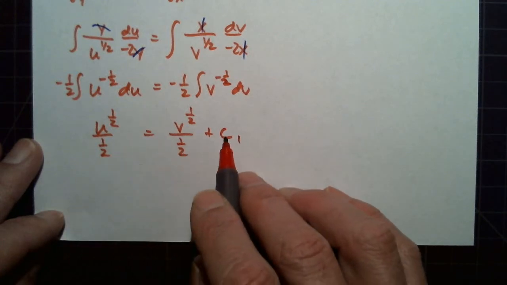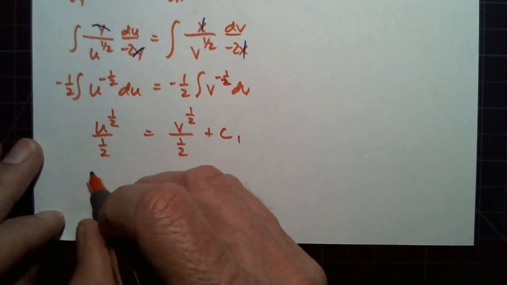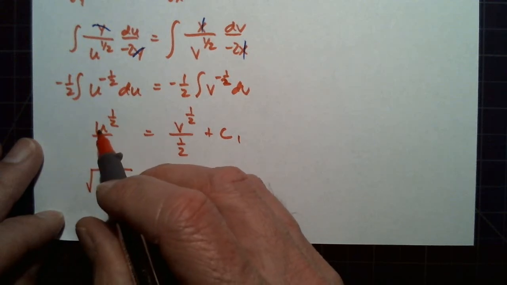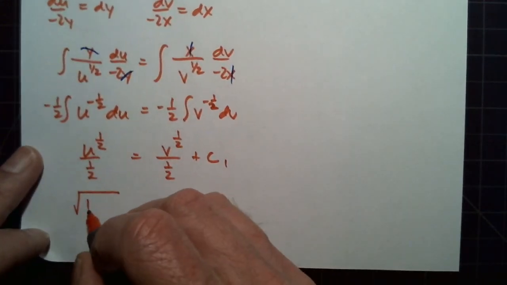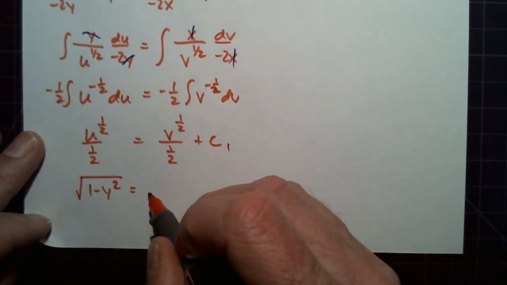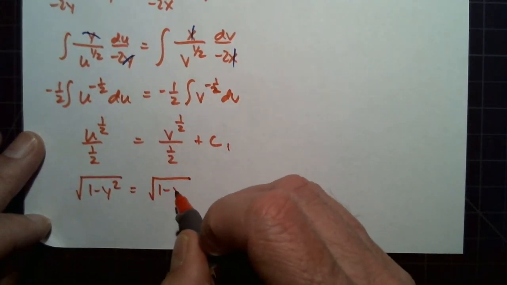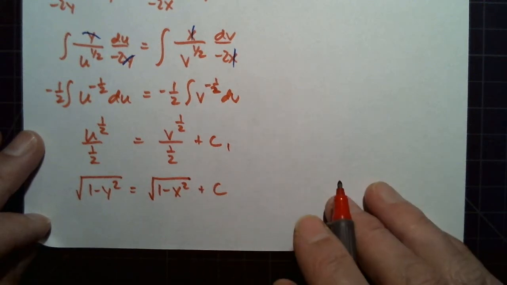We can cancel the 1/2, and that'll become c. U to the 1/2 is square root of u, and u was 1 minus y squared. And here we'll have square root of v, which is 1 minus x squared, plus c.